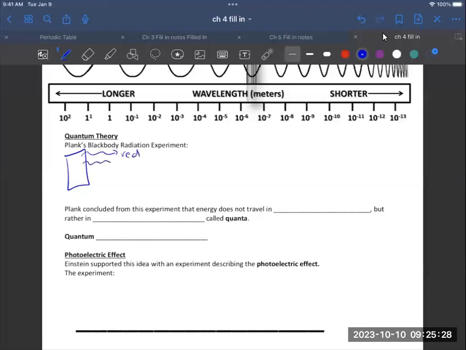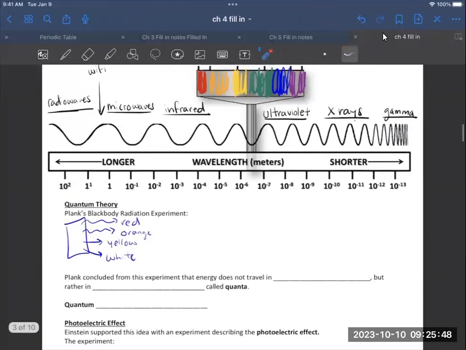And then as it gets hotter and hotter, it'll start to glow orange. And then it'll start to glow yellow. And then eventually it will start to glow white. And I will remind you guys that white light is the combination of all colors. White light contains all colors of the rainbow: red, orange, yellow, green, blue, indigo, and violet.